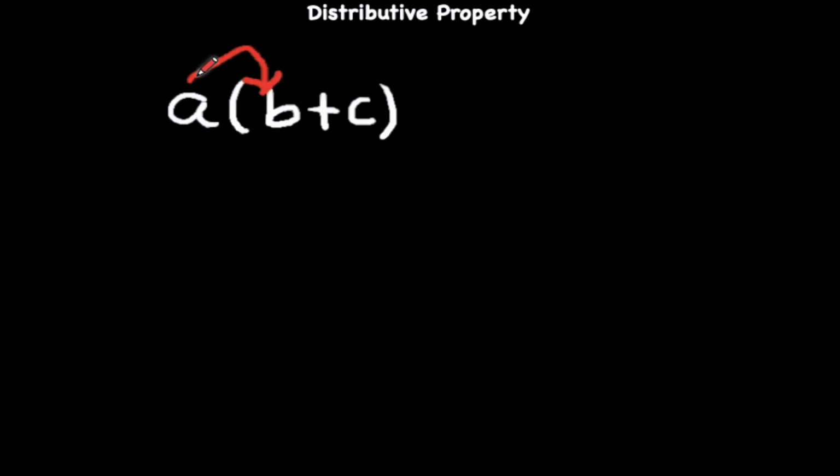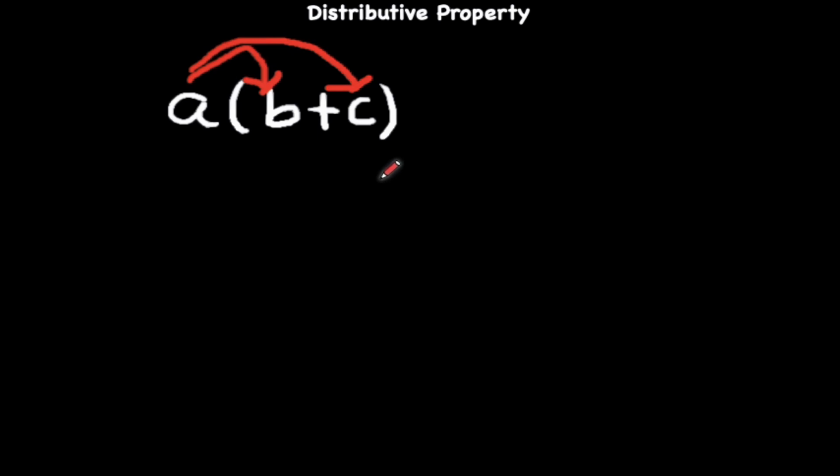So if you have an algebraic expression that looks like this: a times (b plus c). Well, we are unable to add b plus c. Therefore, we have to distribute the a to the b as well as to the c, right?